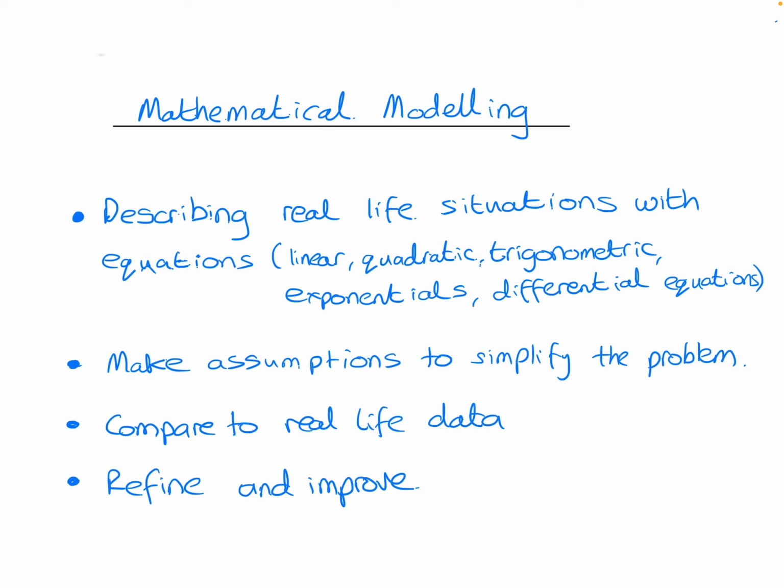So once we've decided what type of model to use and we've come up with an equation for it, we can then start to put numbers into that equation and see how realistic our answer is. Does it match up with what's actually happening in real life? If it does, great. If it doesn't, then that's fine. We can then try and refine and improve our model.